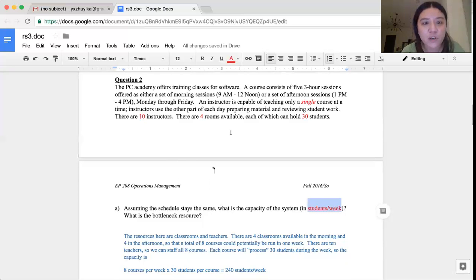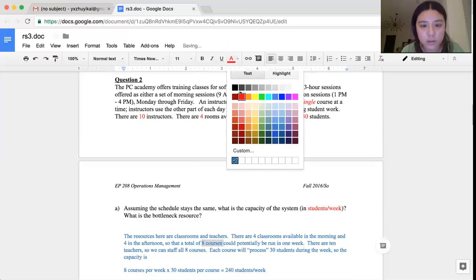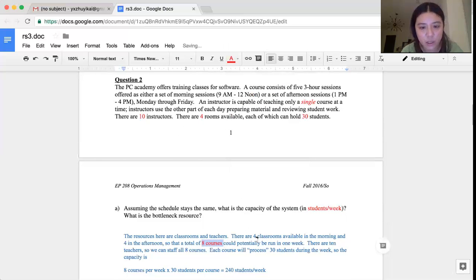So there are 4 classrooms available, 4 rooms in both the morning and the afternoon. So we have a total of 8 courses that could potentially be run in 1 week.